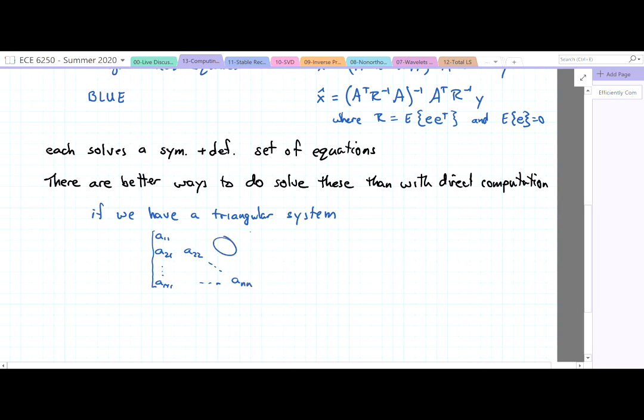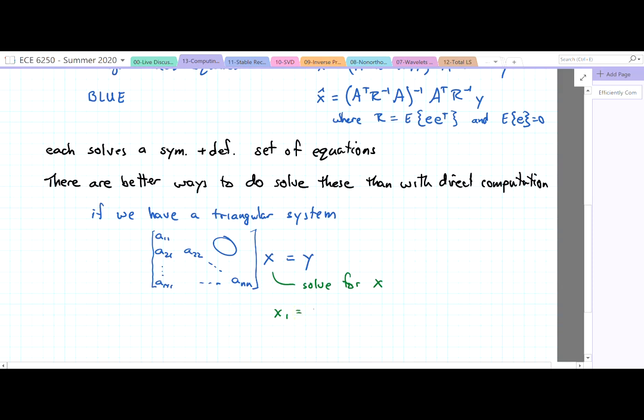Let me just make the whole top part 0. Now this is not symmetric, but to solve for x is pretty easy.